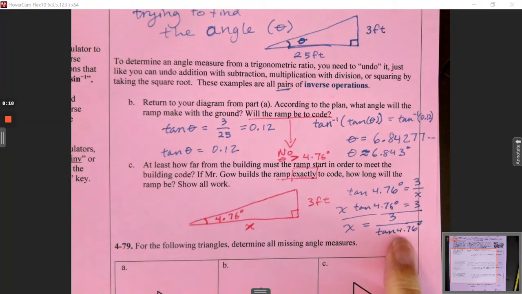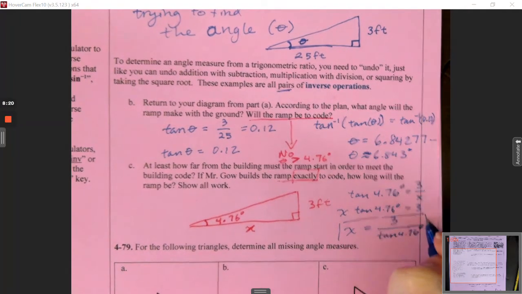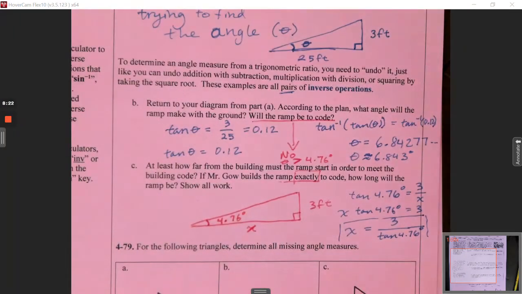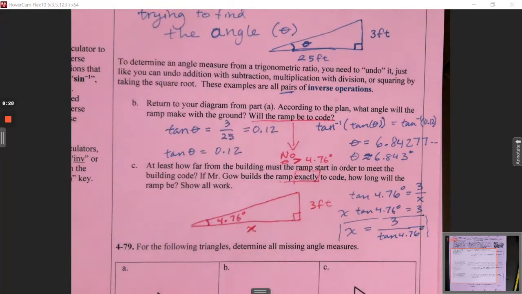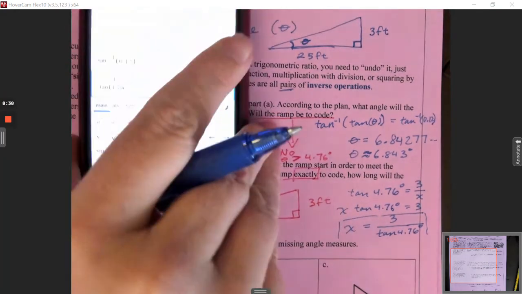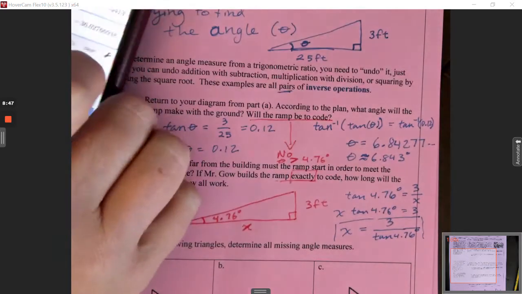And according to my calculator, which of course makes everything blurry, the joy of backlighting, it's going to be 36.02766608. And that is feet. So they were over 10 feet shy of the right length.